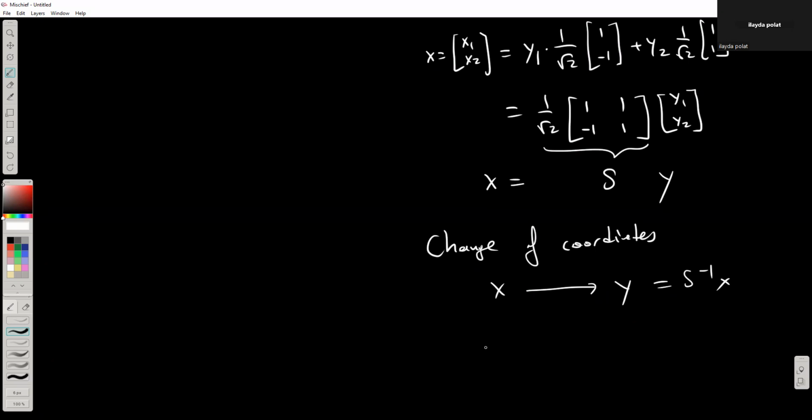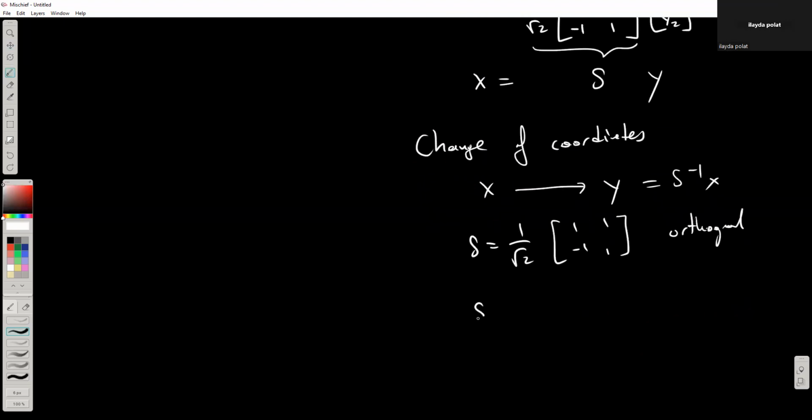Okay, so here the S matrix is this. You just notice that this is orthogonal because the columns are orthonormal vectors. So that means the inverse of this matrix is equal to its transpose. So therefore, it is that matrix, right? We may or may not need this matrix, but I'm just writing it in any case.